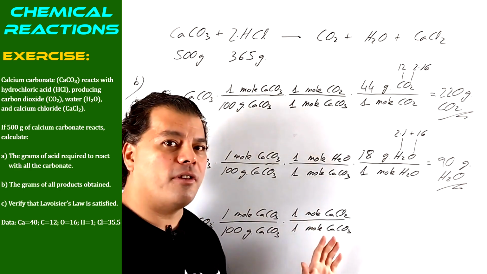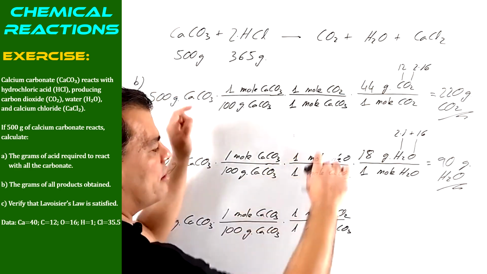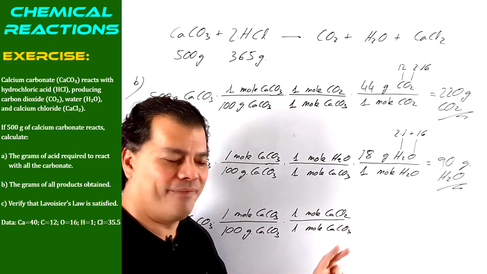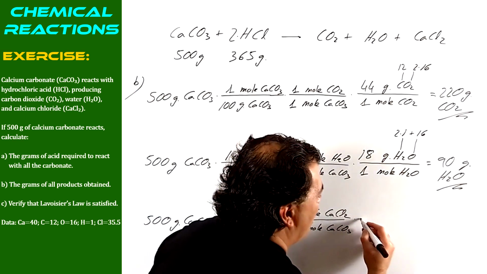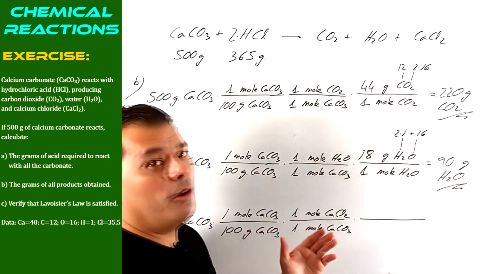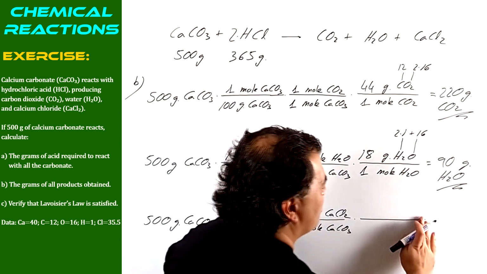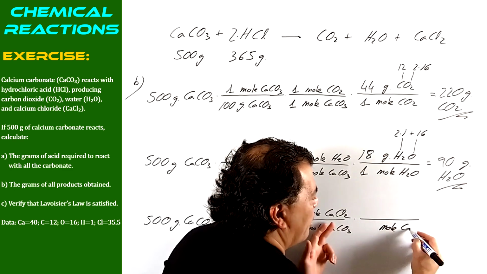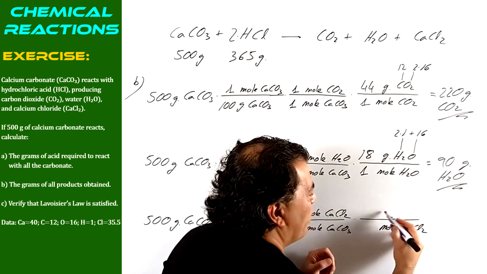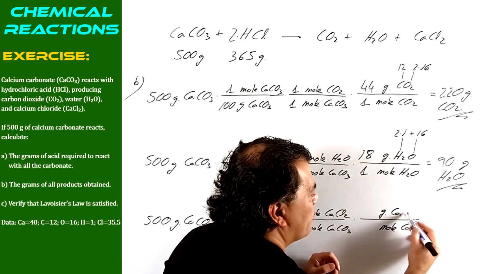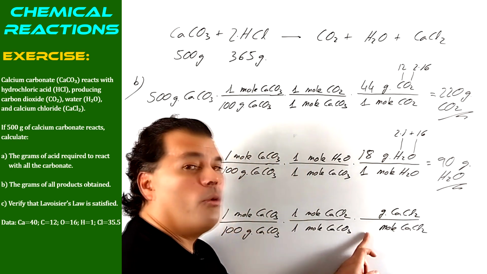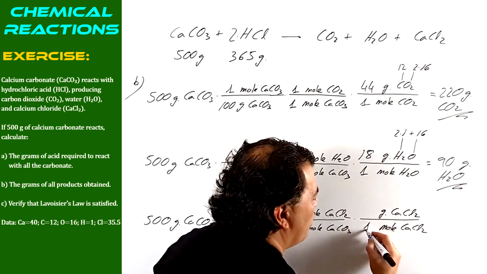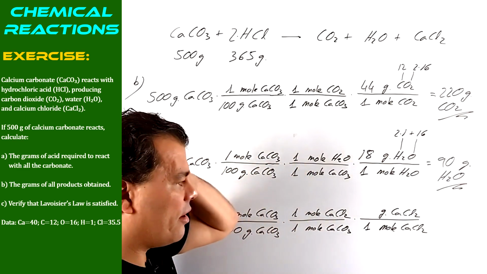The stoichiometry between these two substances is 1 to 1. And there comes the last conversion factor, which, as always, helps us to move from moles of calcium chloride to get into grams of calcium chloride. As always, with 1 mole we can do the calculation.